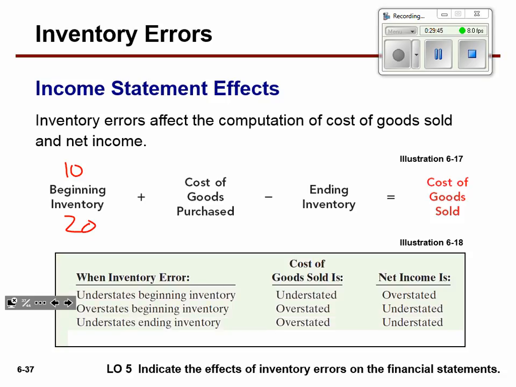If we understate what's going on here, so if we had, let me change numbers, if we have 5 left in ending inventory and we understate that and said we only have 2 left, cost of goods sold is going to be overstated.